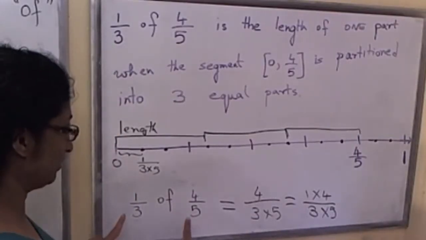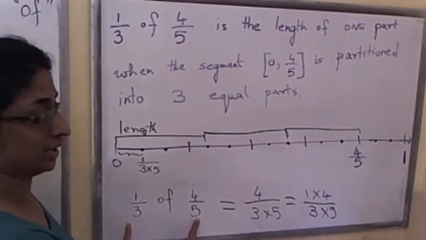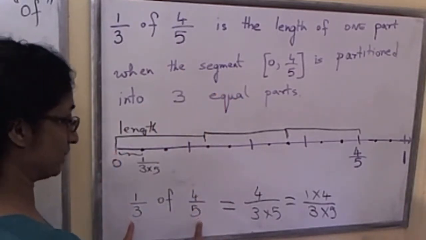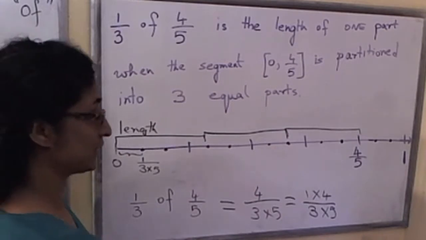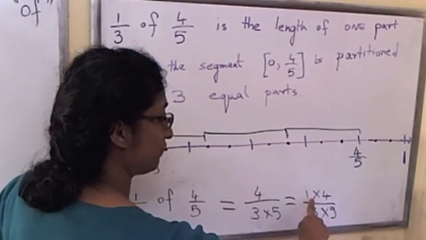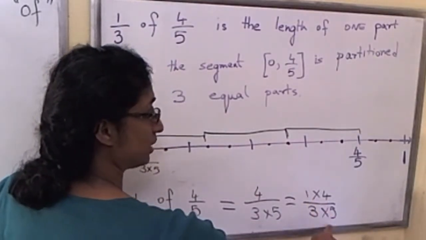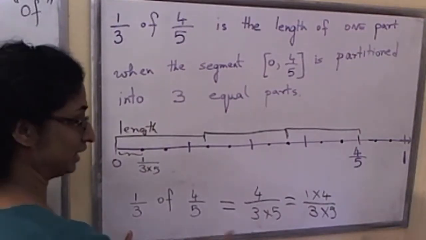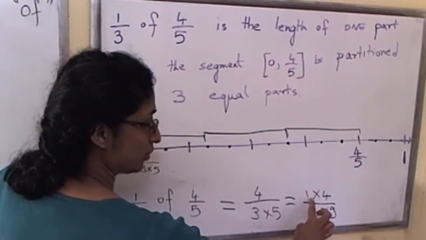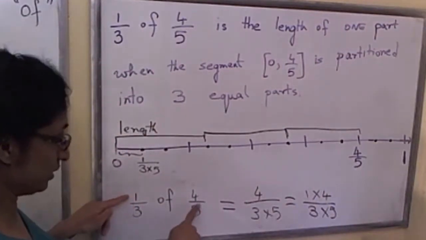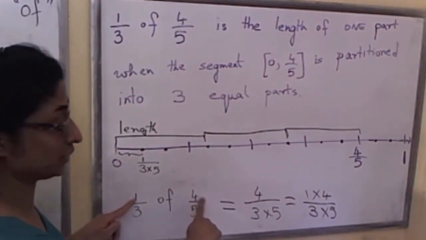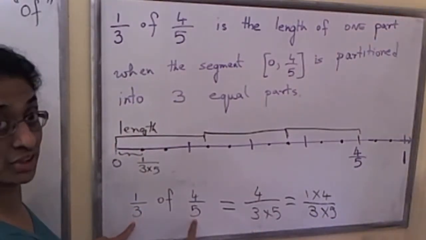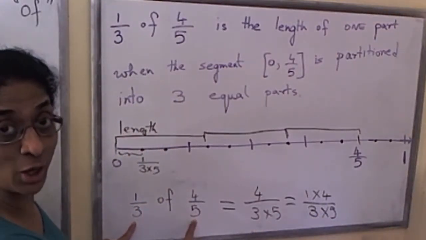So 1/3 of 4/5 by definition is the length of this part, and with our reasoning we concluded that it is the fraction (1 times 4)/(3 times 5). So 1/3 of 4/5 is this fraction whose numerator is simply the product of these two numerators, and whose denominator we observe is really the product of these two denominators.